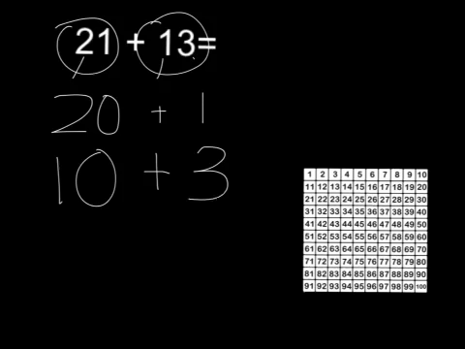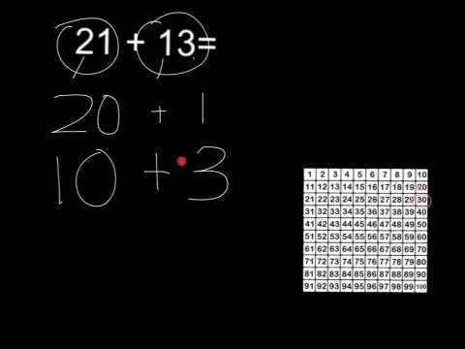So now I can either use a number board or I might be really clever and use my head. I'm going to add 20 and 10 together first because that's really easy. If I was going to use a number board, I would start on 20 and count on 10 more, which would land me on 30. Then I can do the next part, which is 1 plus 3. So I'm on 30.